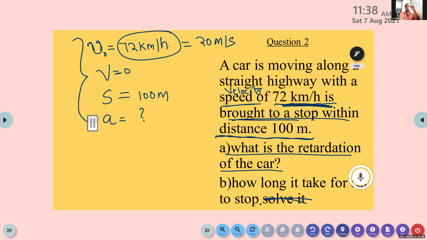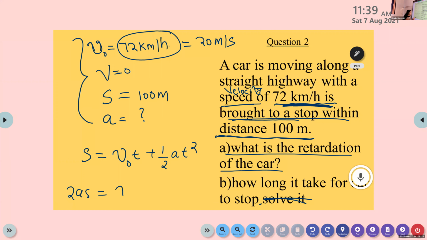Here we have two equations. One is s is equal to v0 t plus half a t square. Or we have v square is equal to v0 square plus 2as.